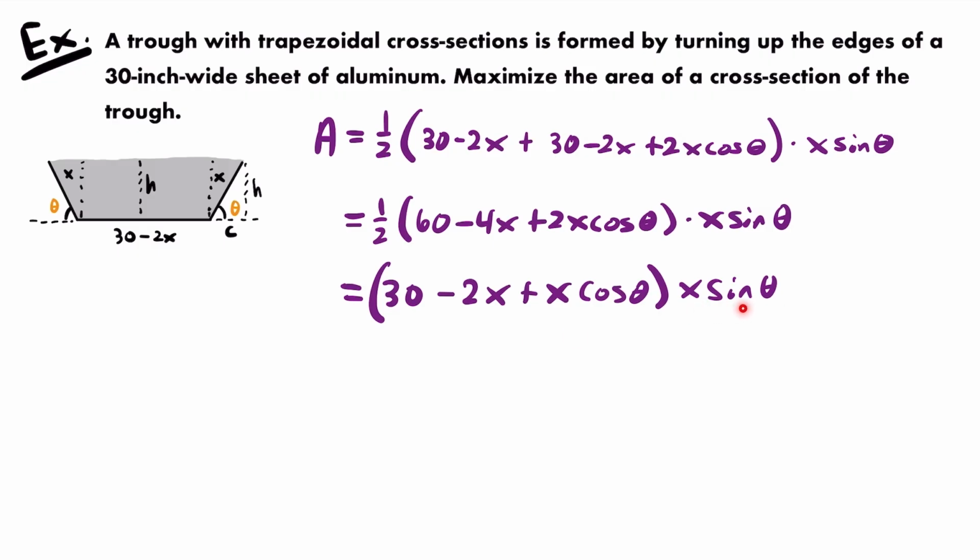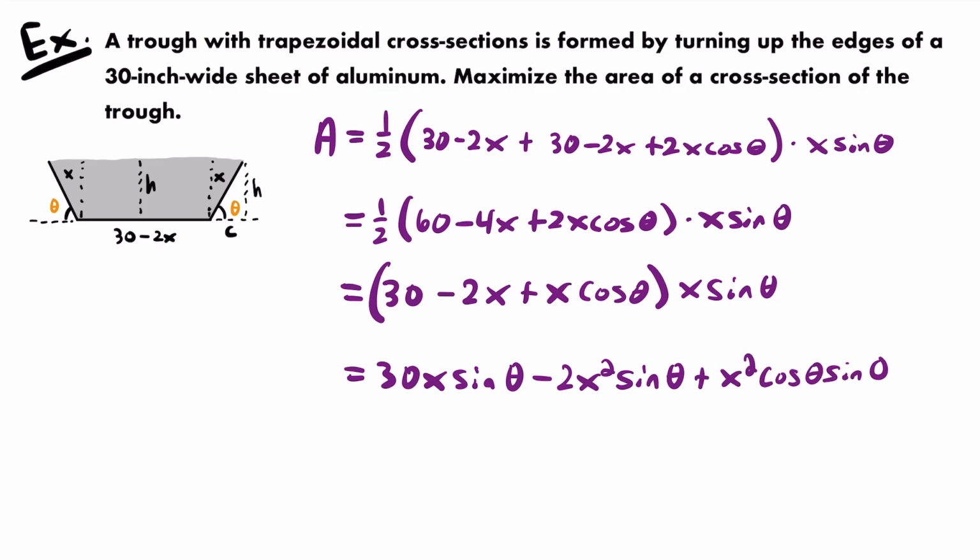Okay, so I'm going to multiply x sine theta by each of these terms as well. So this will be equal to 30x times sine theta minus 2x squared times sine theta plus x squared times cosine theta sine theta.